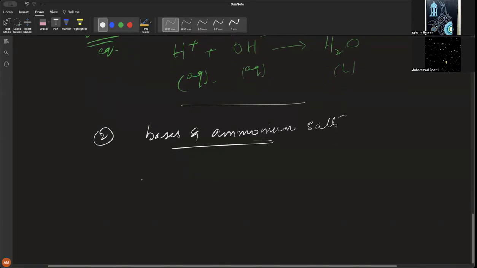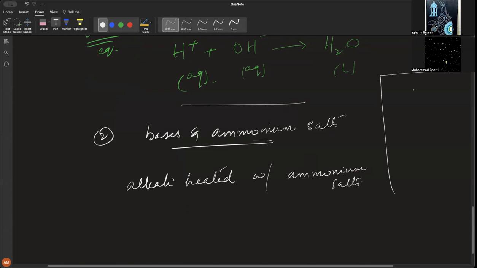So basically, alkalis heated with ammonium salts. We have already understood a little bit what salts are. Sulfates, right? Sodium sulfate, carbonates, chlorides, nitrates, all of them are salts.